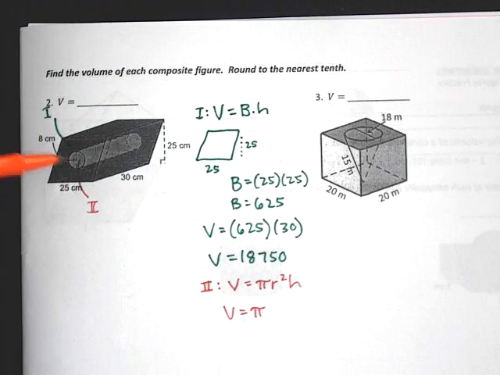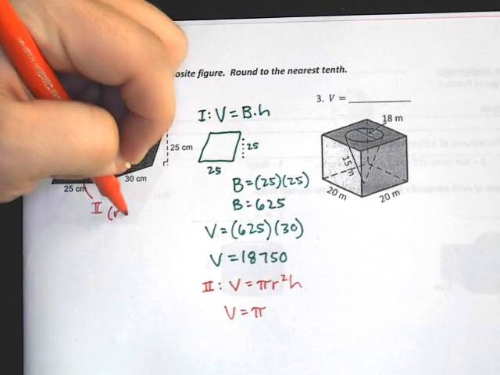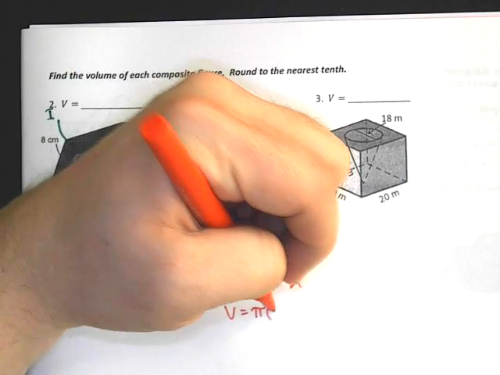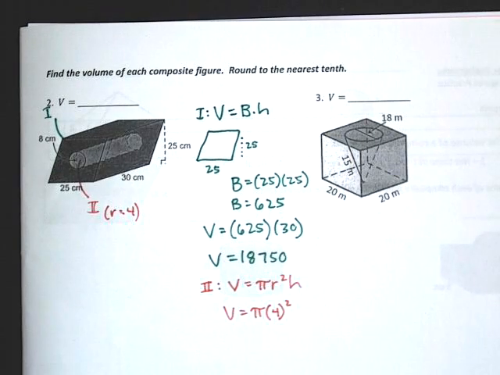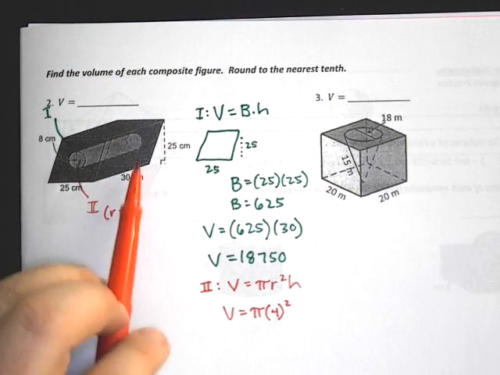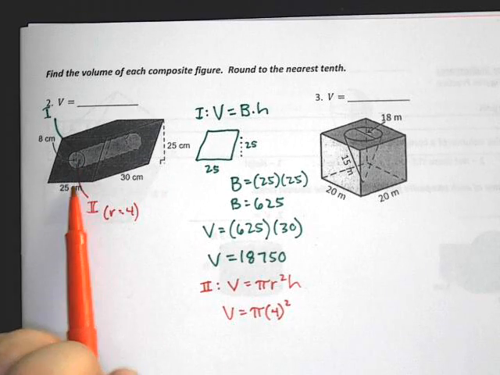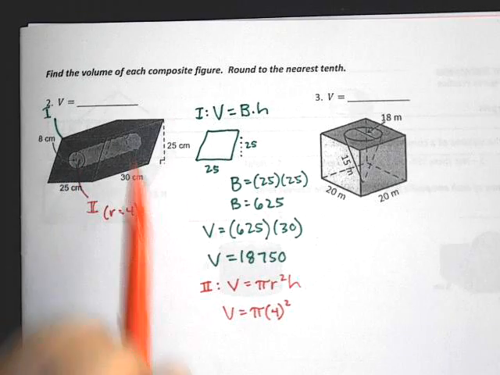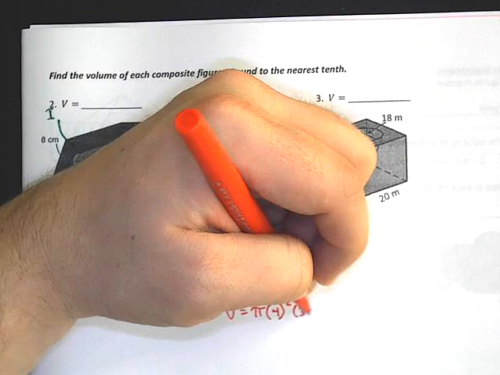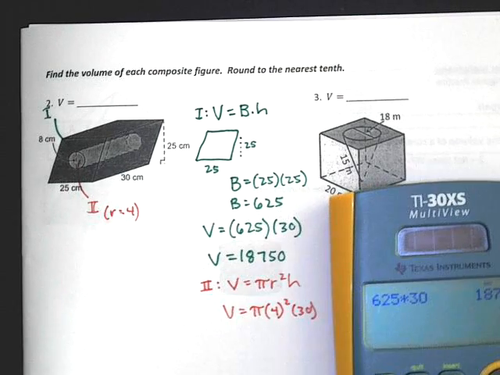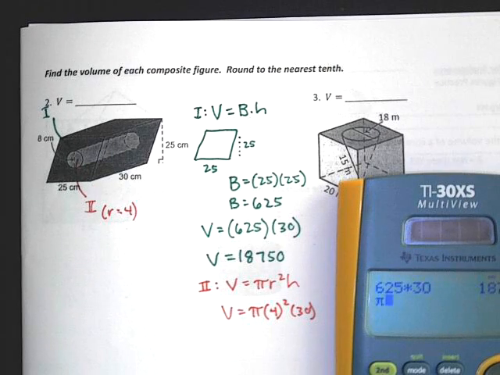It looks like the diameter is 8, which means the radius is 4. So I'll plug in a 4 squared there. And then the height is the same as the prism. The height, or the distance between the two bases, was 30. So 30. Go to the calculator. Pi 4 squared 30. 480 pi.